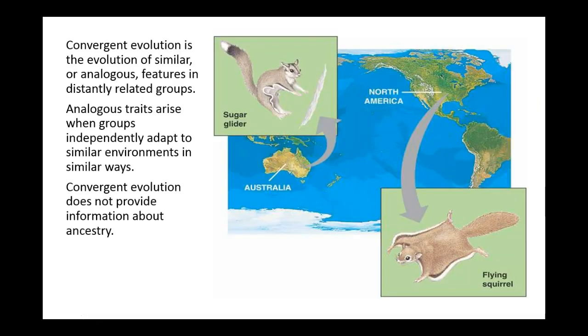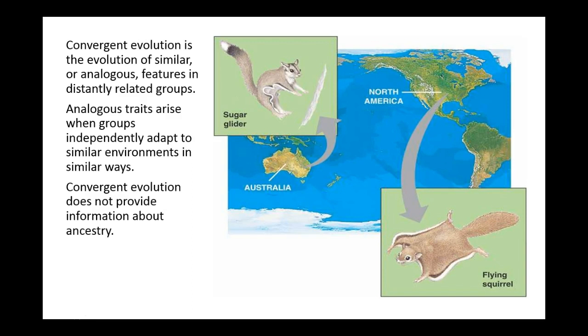The idea of convergent evolution: what you have here is a sugar glider and a flying squirrel. Both evolved in very, very different places, North America and Australia. If you fly to Australia, it's many hours, 14 hours, maybe with stopovers, but anyway, it's far away.